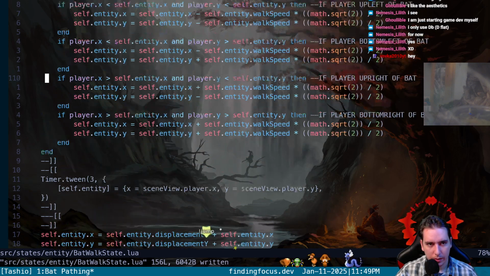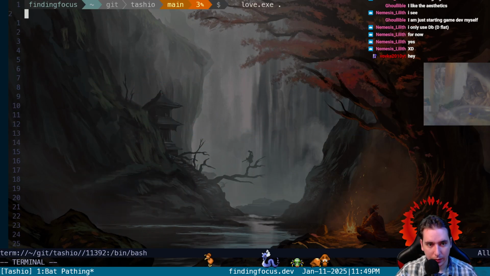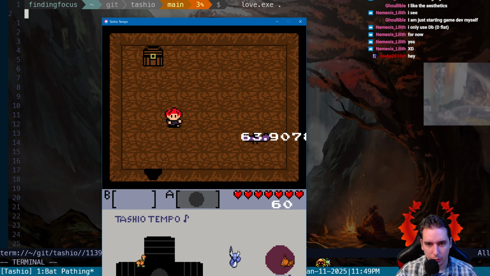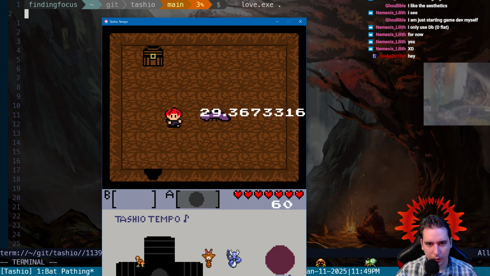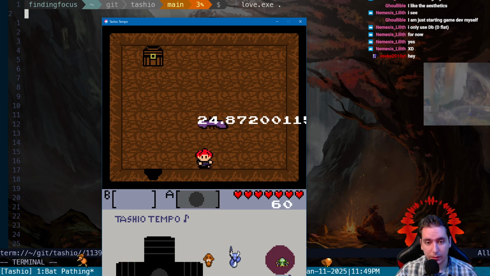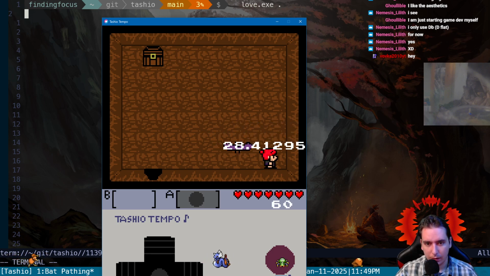So this distance should be more accurate because we're doing it based on the displaced distance instead of before the displaced distance. So we're looking for it to wiggle up and down, and we're looking at a solid 25 stop. Yes. And then look, he wiggles left and right, and then solid 25 stop. I mean, give or take a delta time worth.